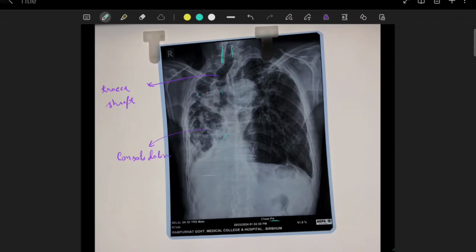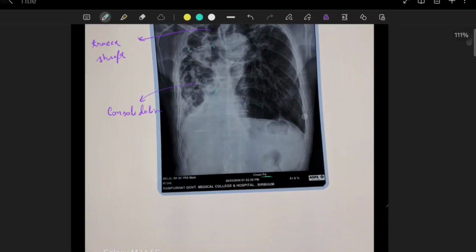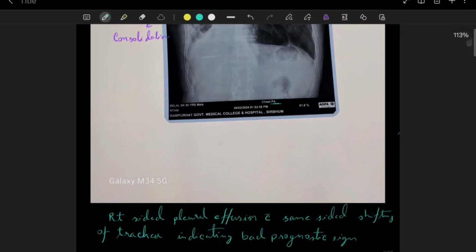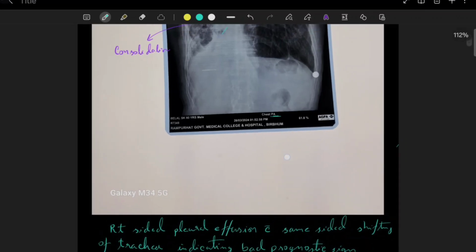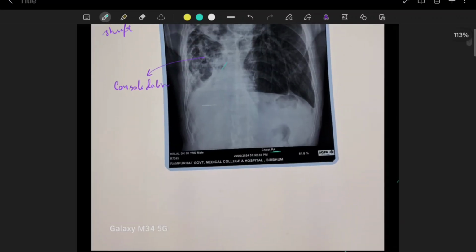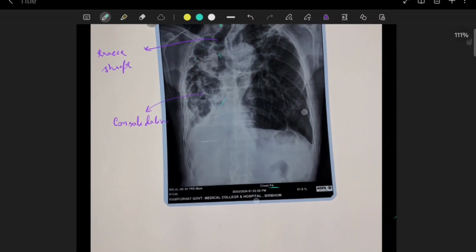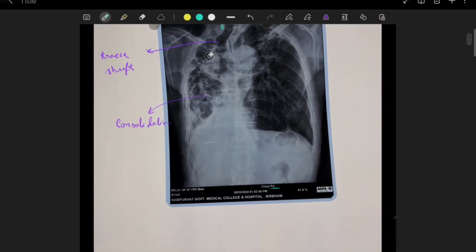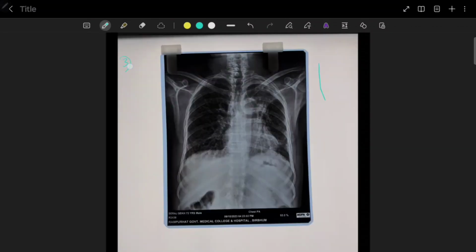It is tracheal shift towards the right side and right-sided consolidation, okay. So it is probably due to right-sided pleural effusion with same-sided shifting of the trachea. If the pleural effusion and the trachea are shifted towards the same side, the prognosis is very bad. Then X-ray number 3.